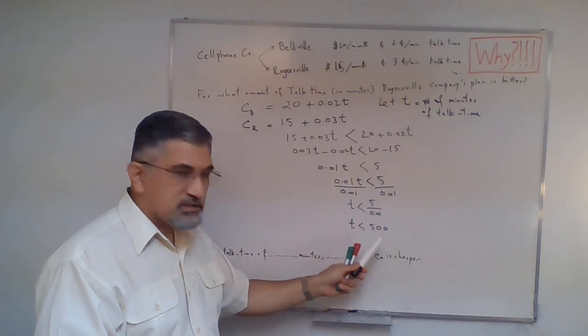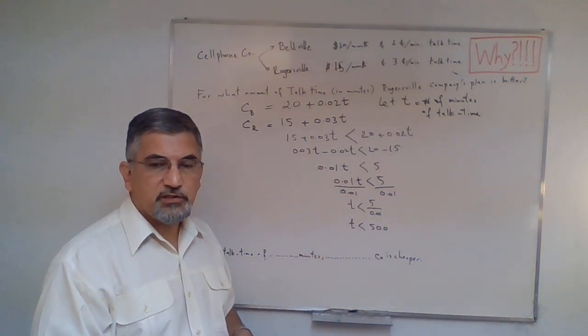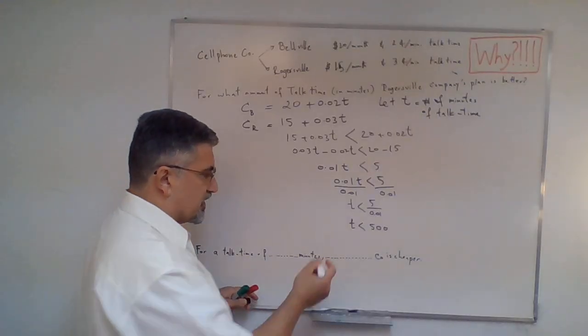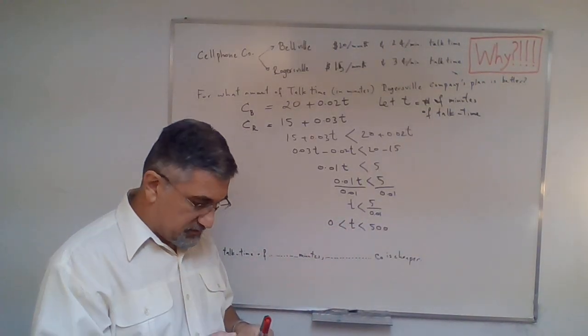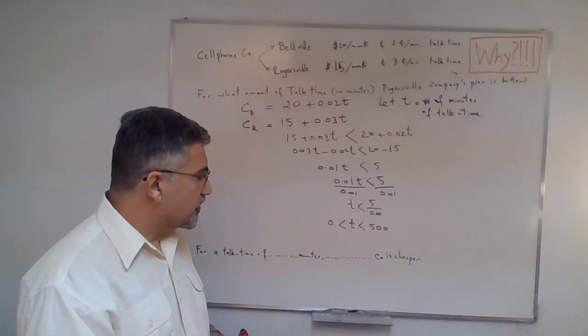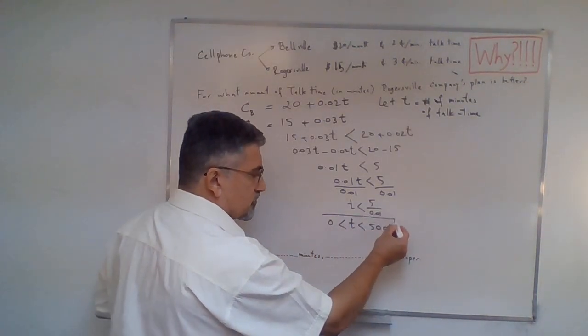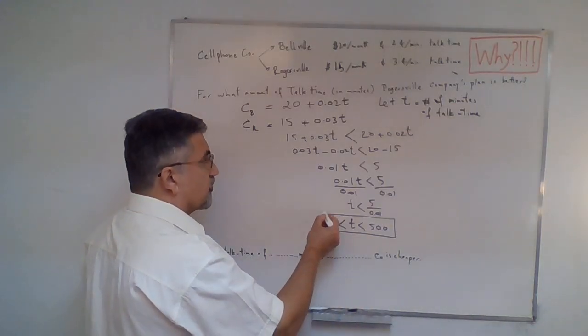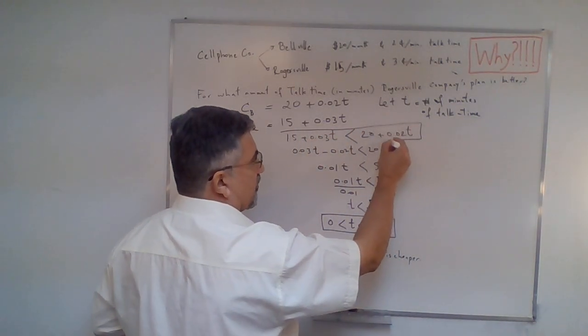But when you say t is less than 500, could it be negative 200? Obviously not, because time cannot be negative, it's always positive. So we're going to say t has to be, of course, positive. So this is the solution set for this linear inequality.